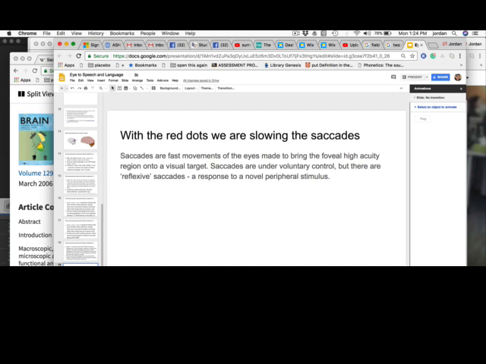Now, if you want to go deeper into the science of this, basically these red dots that we move around the circle, or the images we move around the circle, you're having these saccades. These are very fast movements. There are voluntary and involuntary movements that happen, and they're below the conscious level. And there's a center region that's called the foveal high acuity.